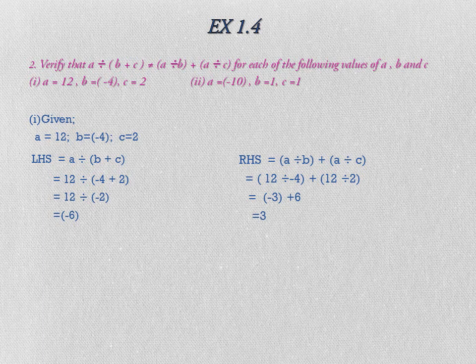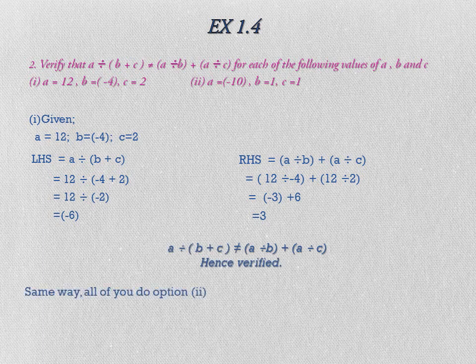Here LHS not equal to RHS, therefore we can say that A divided by (B plus C) is not equal to A divided by B plus A divided by C. Hence verified. Same way, all of you do option 2 in your notebook yourself.